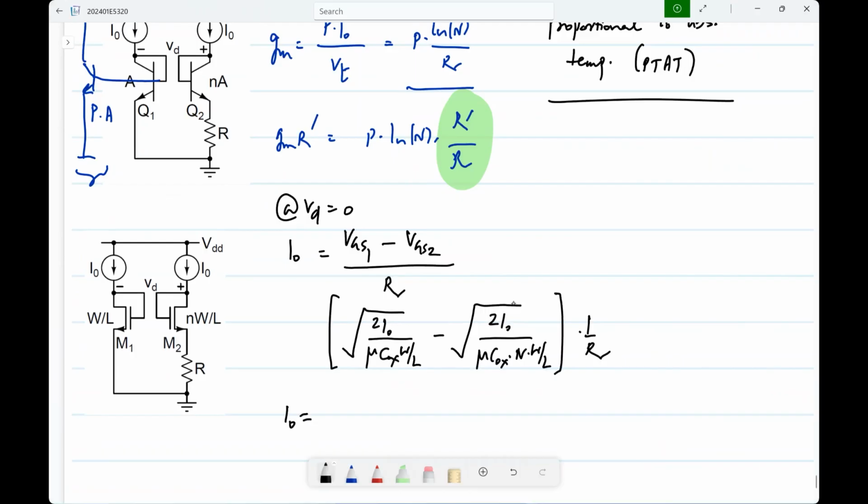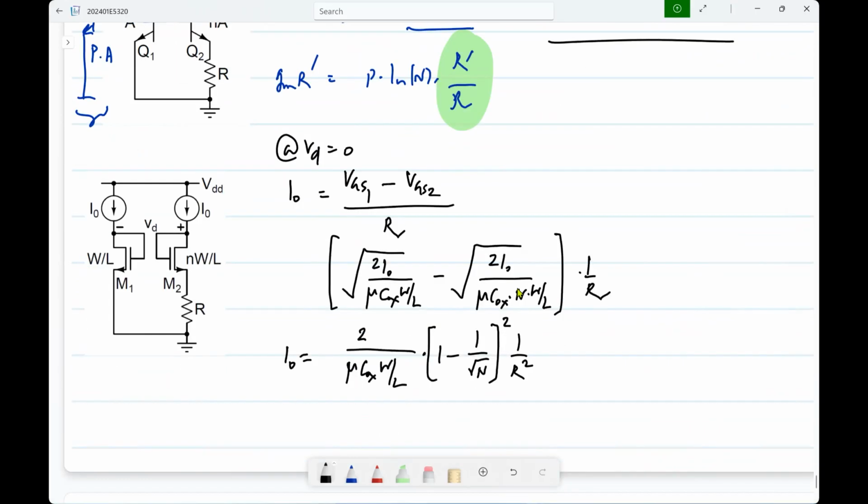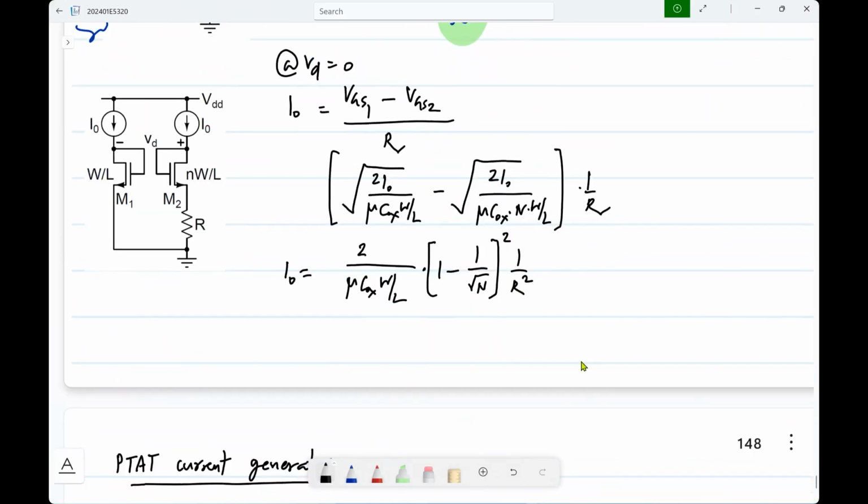What will I naught be? So 2 by mu Cox W by L, 1 minus 1 by square root N, whole square, times 1 by R square. Okay. So you get some dependence like this.